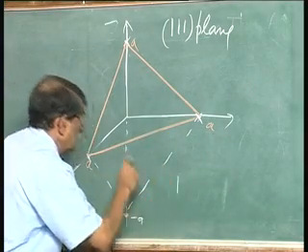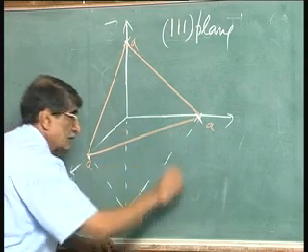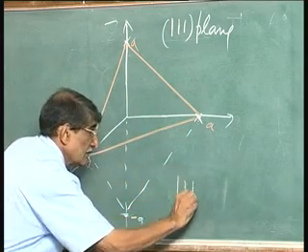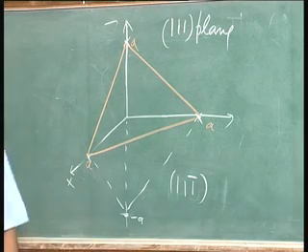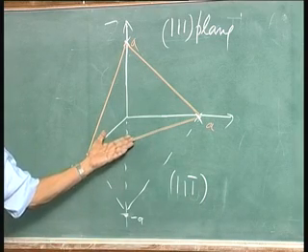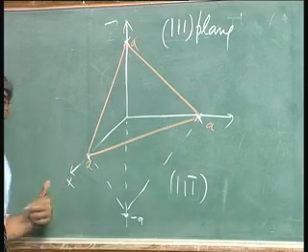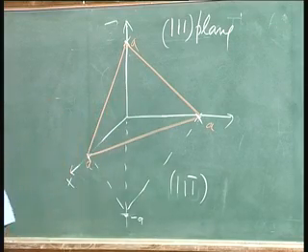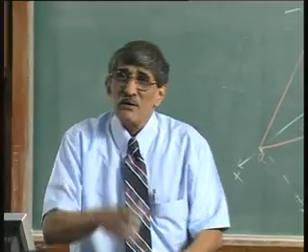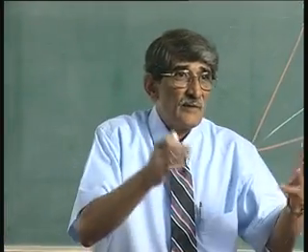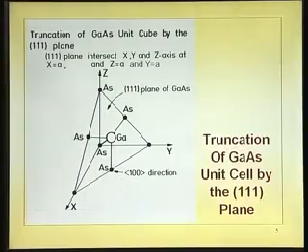That is x, that is 1, and this is minus 1, 1 1 bar. But the arrangement of atoms is the same, this or that. I can go in that direction, I can put 1 1 bar 1. But all of them are called by one family, 1 1 1, because the atomic arrangement is the same. What is the atomic arrangement? If you see, this is that plane.